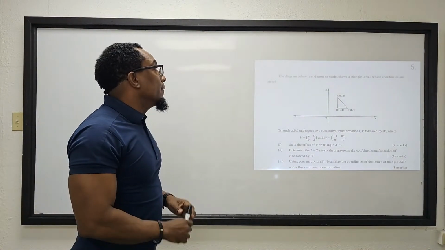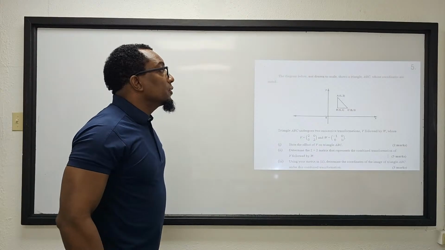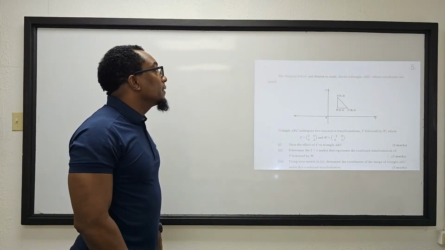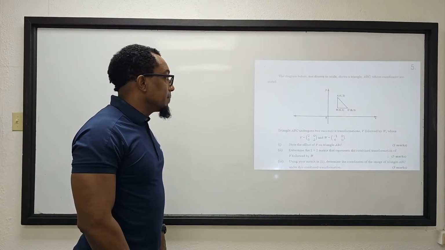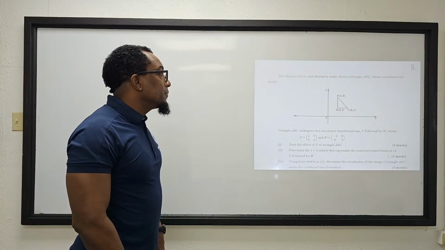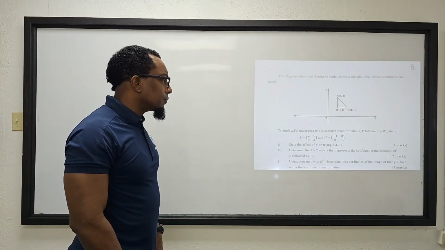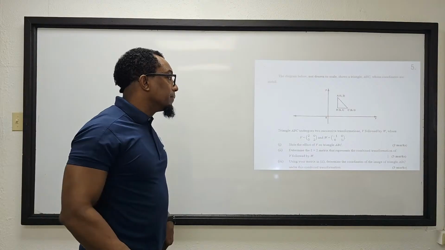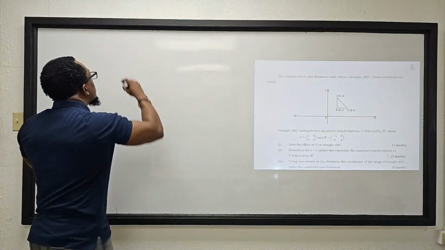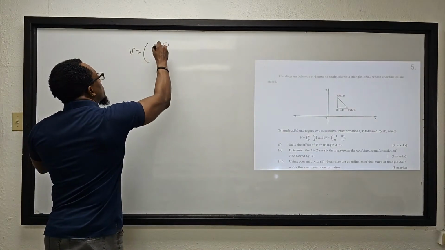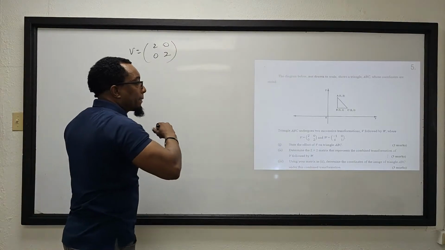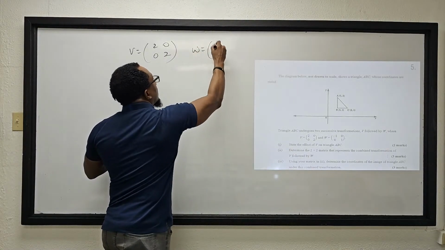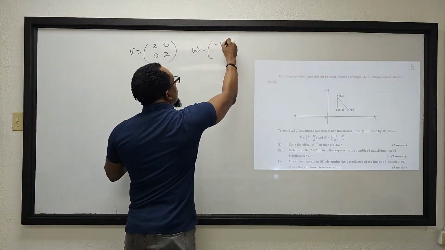So it says here, the diagram, not drawn to scale, shows a triangle ABC with coordinates as stated. Triangle ABC undergoes two successive transformations, V followed by W, where V is 2, 0, 0, 2, and W is -1, 0, 0, 1.